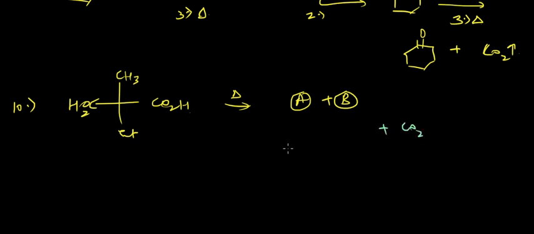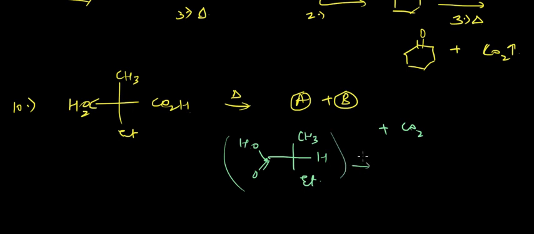Okay, and product A would be OH and CH3, H and Et here. So this would be product A. Okay, so what else can we get from this? Obviously this will again heat up, and we can get something like H and CH3. So again 2 moles of CO2 can be there.